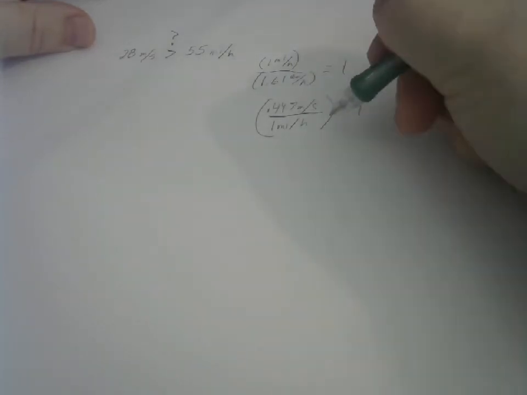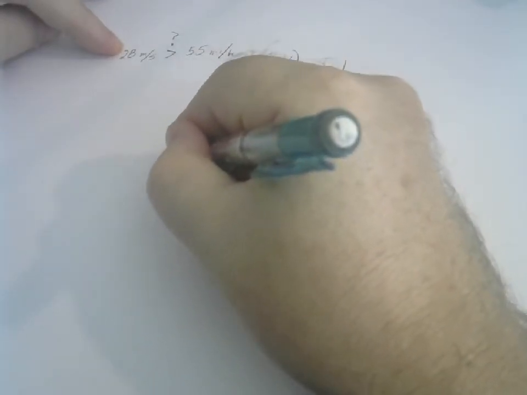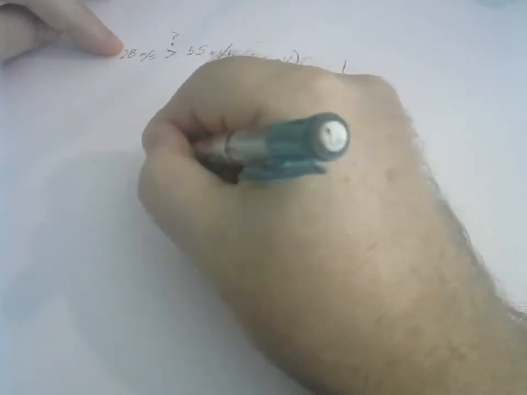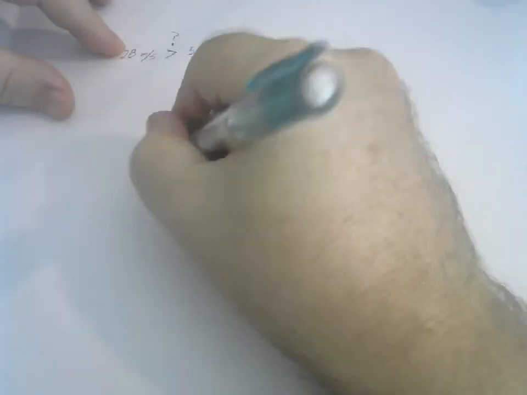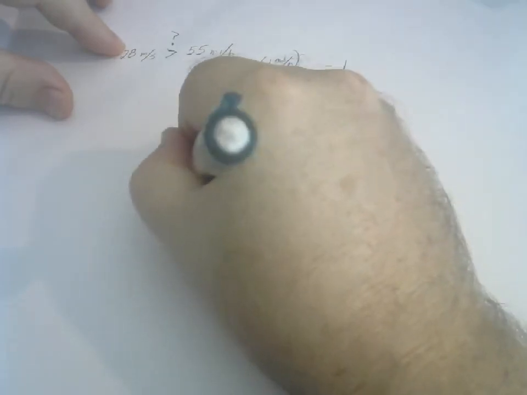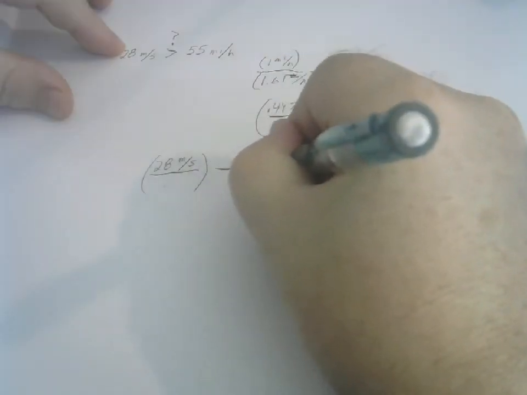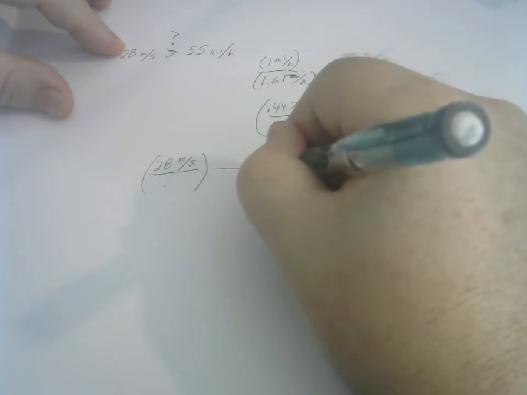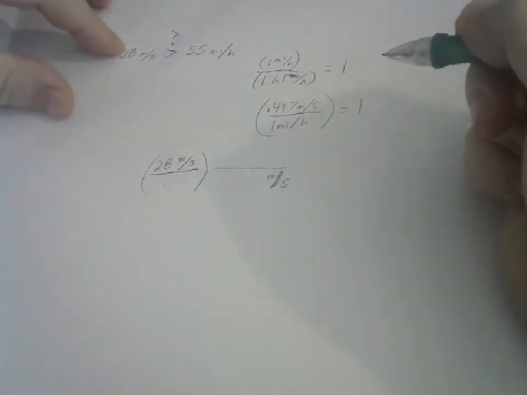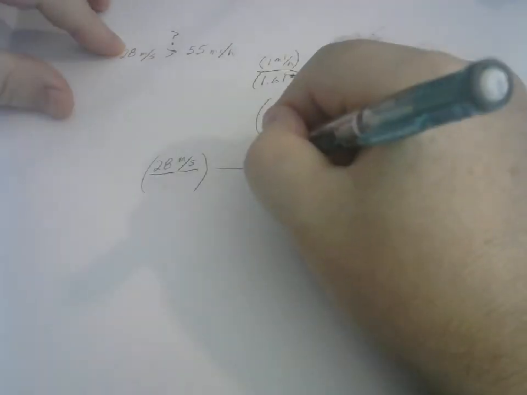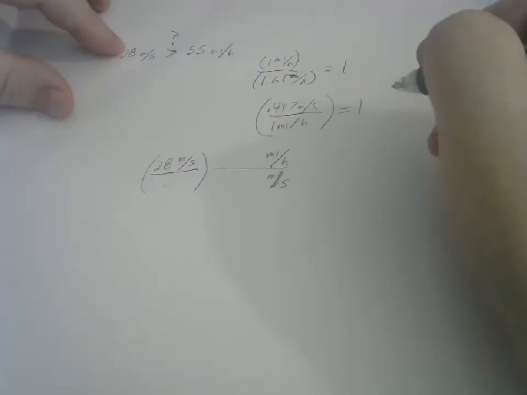So when I do a conversion factor, let's say I want to change 28 meters per second. Well, let's go ahead and put meters per second on the top. In order to get that converted into miles per hour, what I do is put meters per second on the bottom. So the meters per second cancel, and put miles per hour on the top.